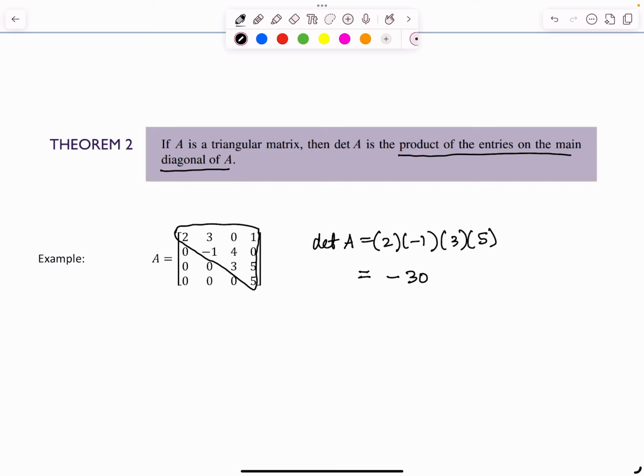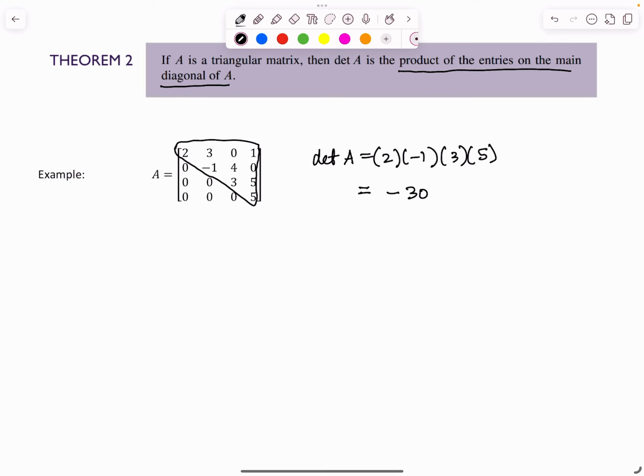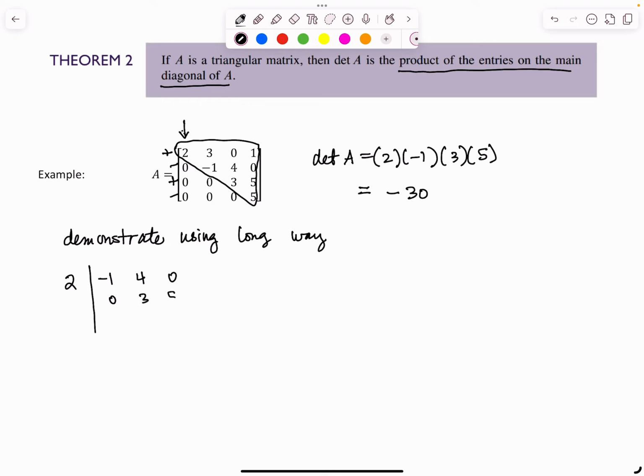So now let me show you, by doing it the long way, why it works this way. We're going to demonstrate using the definition. I'm going to once again use column 1. Remember I have plus, minus, so it's going to be positive 2 times the determinant of the submatrix, which is minus 1, 4, 0, 0, 3, 5, 0, 0, 5.